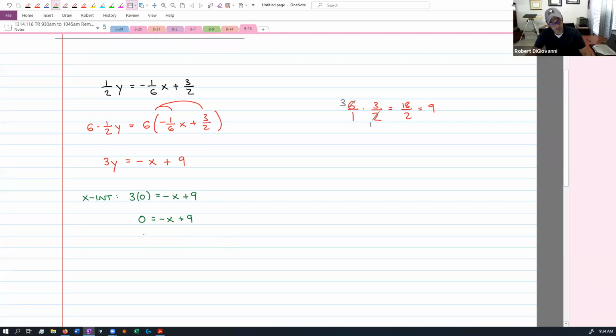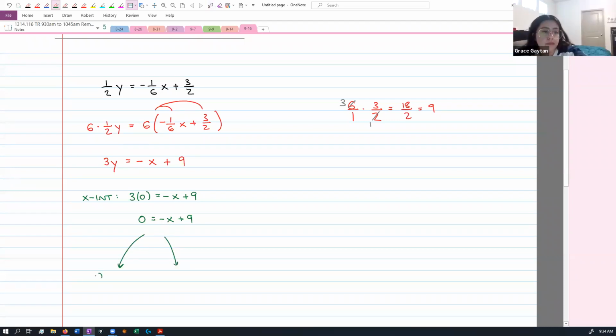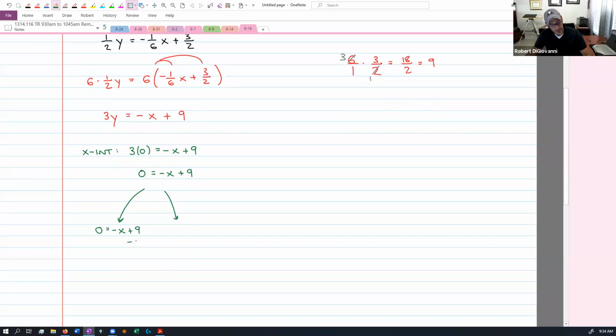Yeah, so look, I'll show you 2 different ways, okay? One way you could do it is you could take this equation and subtract 9 on both sides. And then you get -9 equals -x. And you'd have to get rid of this negative, so you divide through both sides by -1. And that would give you 9 equals x. That makes sense, Grace?